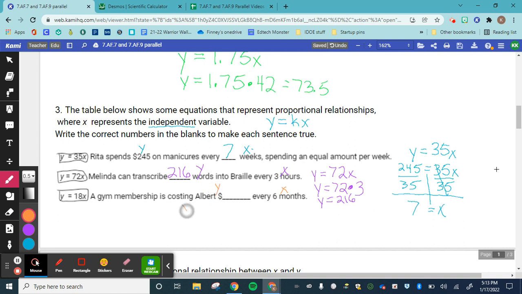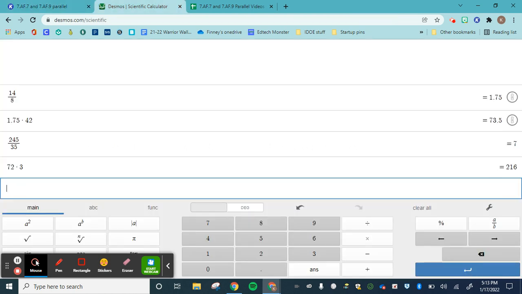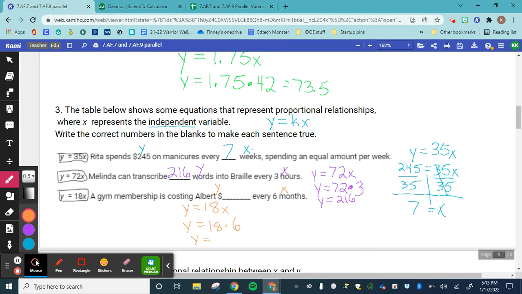So in my equation, y equals 18x, y equals, once again, I'll replace the x this time, 18 times 6. So once again, I just need to simplify 18 times 6. So I go back to my calculator, 18 times 6, I get 108. So Albert spends $108 every 6 months for his gym membership.